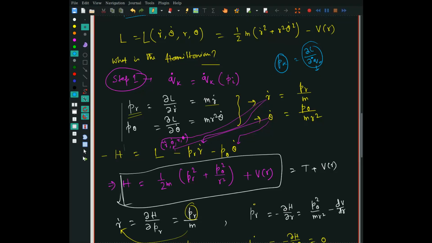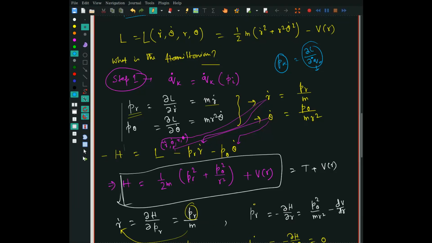And sir, if in the question only r dot is given, then by doing the differentiation we get only a constant. I do not understand, what do you mean by r dot is given? You have one coordinate then.